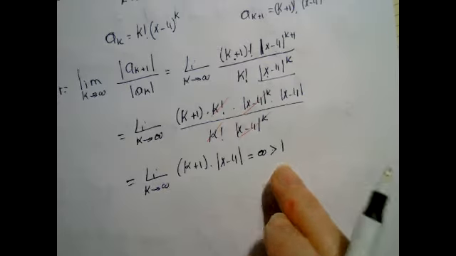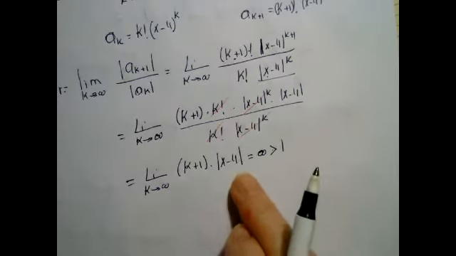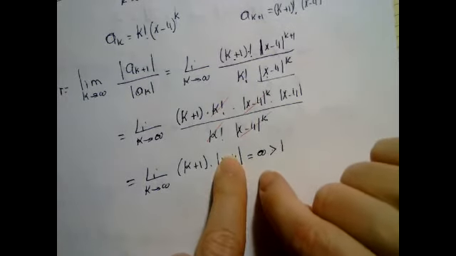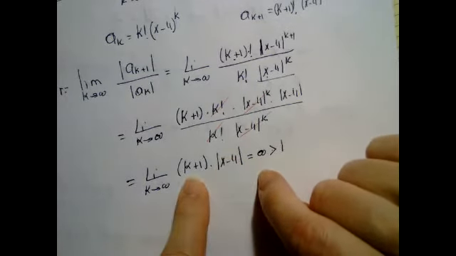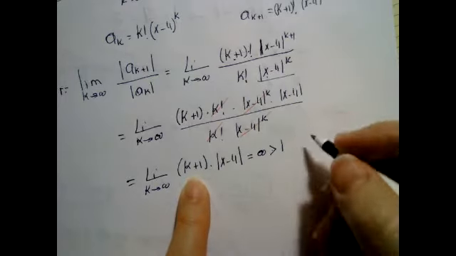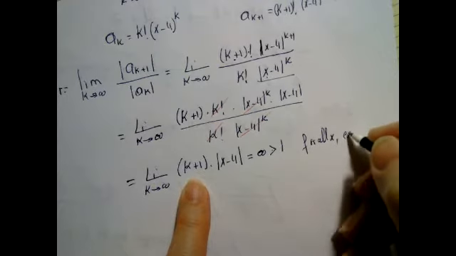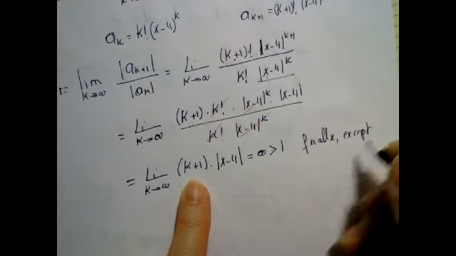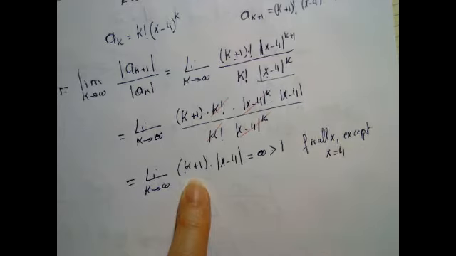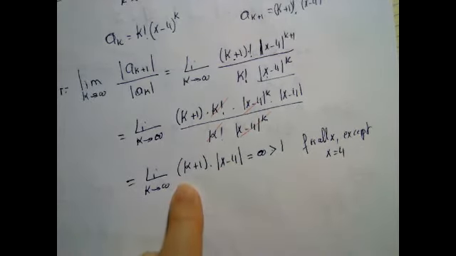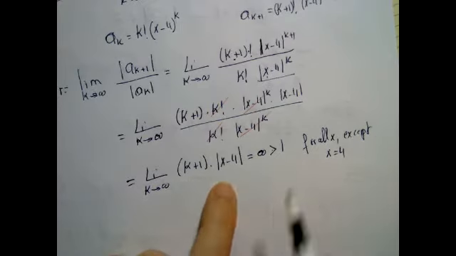Exactly, I was about to say that. It diverges all the time except for x equal to 4. If x is 4, this is 0, and 0 times anything is 0. So it's bigger than 1 for all x except x equal to 4, where I have 0 times something, which is 0. But as long as x is different from 4, this is bigger than 1.